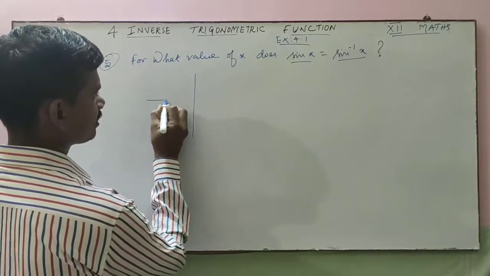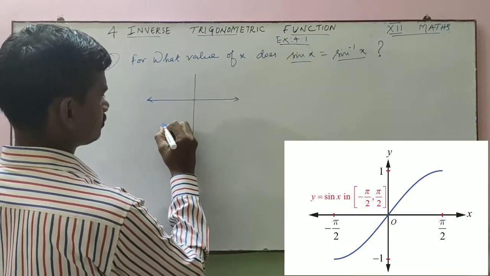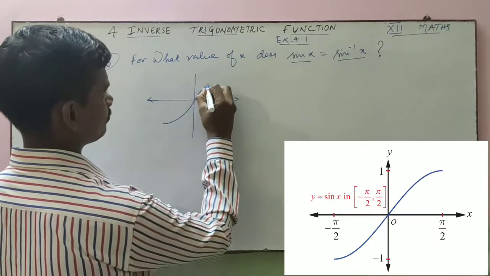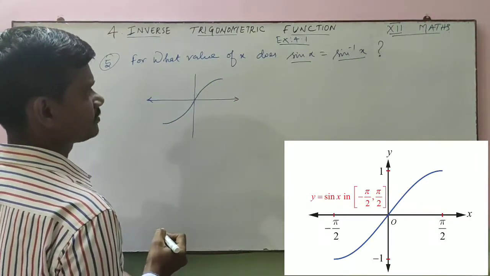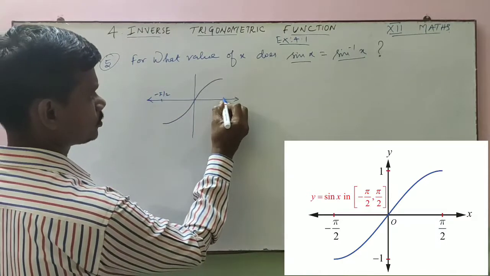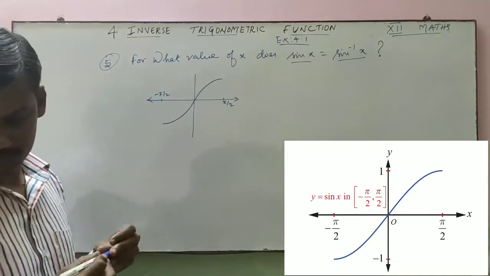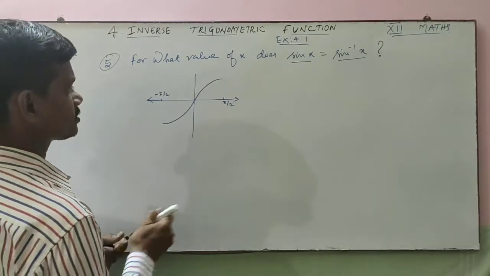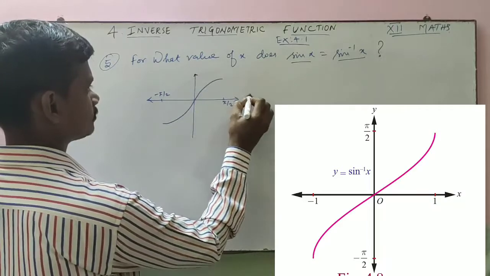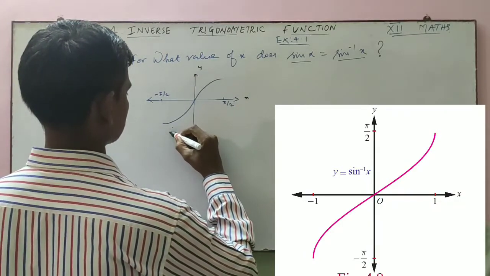So I am going to draw the graph of sine to the restricted domain. So this is the graph of sin x for the restricted domain minus pi by 2 to plus pi by 2. So if I draw the graph of sine inverse of x, I will get like this.